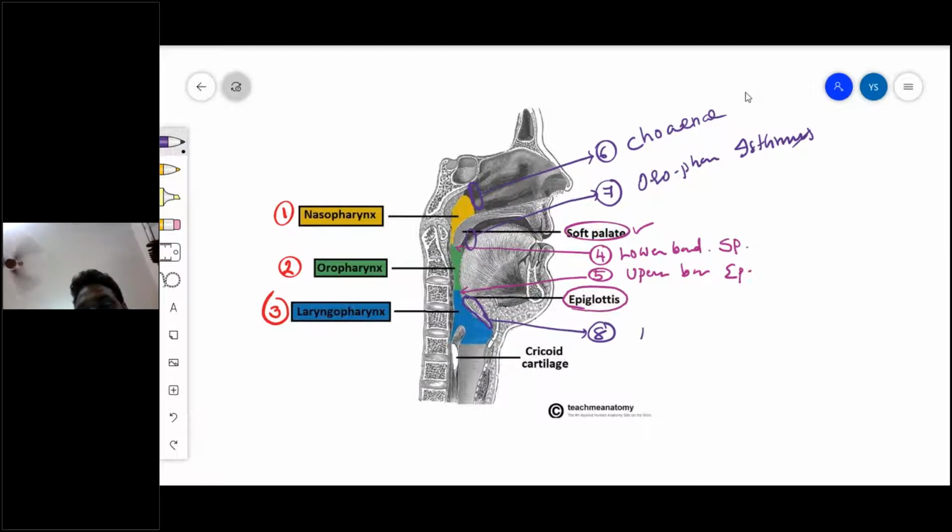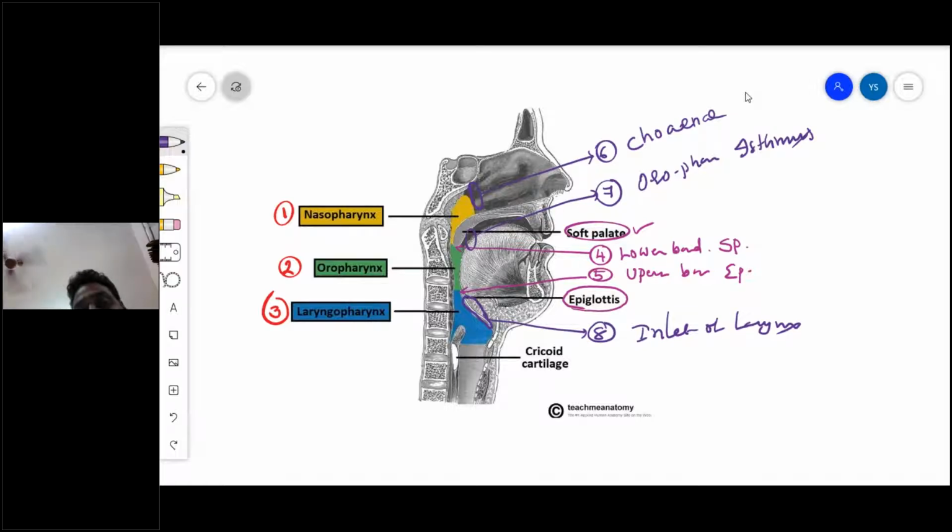Number 8, inlet of larynx. So once again, I'm repeating with blue arrows: 6 is called choanae, 7 oropharyngeal isthmus, and number 8 inlet of larynx.